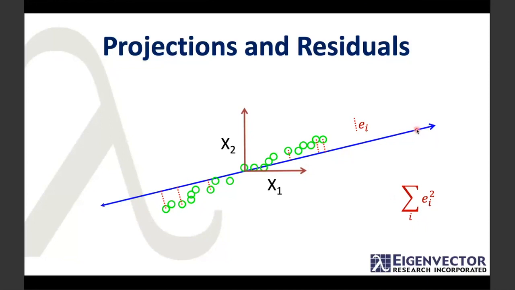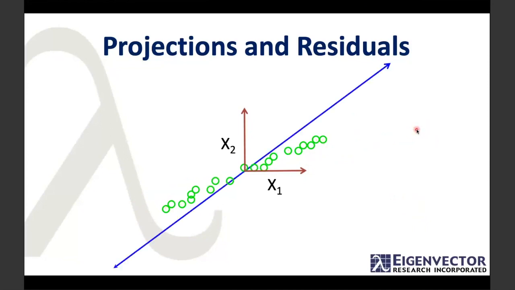Now let me go ahead and take this blue line and rotate it. And I'll repeat the process by drawing projections from data points. And here, you get the picture. So I'm doing fewer data points here, but the same idea holds.